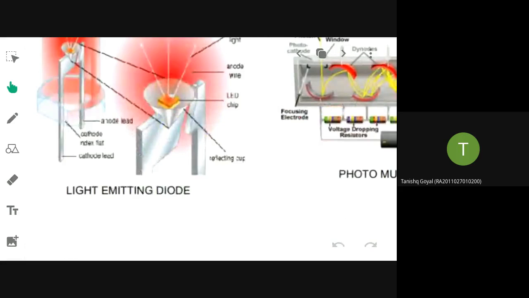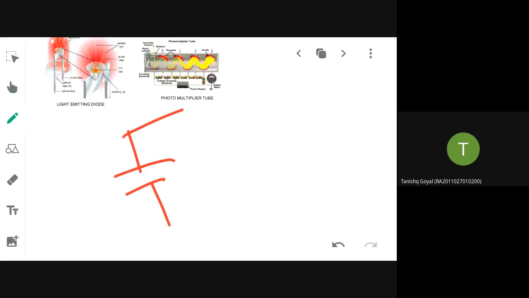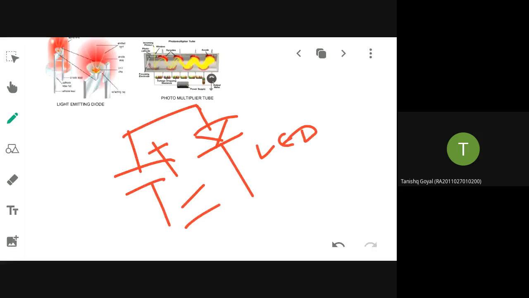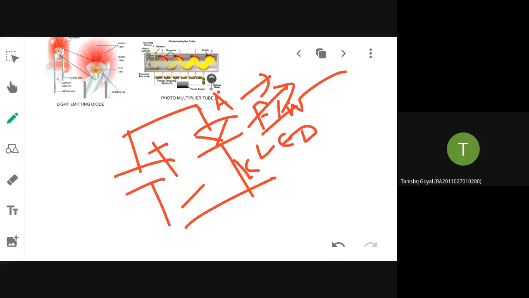You just apply the biasing condition: plus, minus. So this is a light emitting diode, LED. Let this be the anode, let this be the cathode. You are forward biasing it, because of which the output will be emission of light, photons of light.